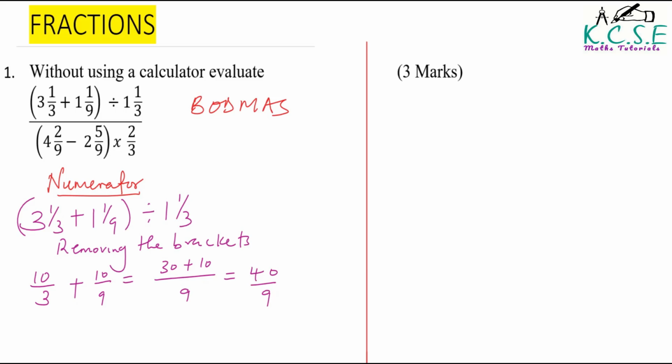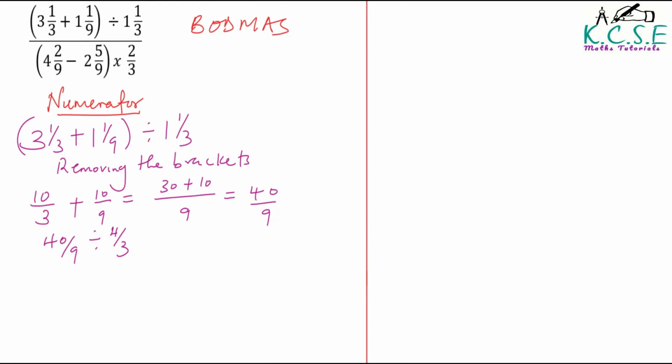After getting 40 over 9, now the bracket is solved, so we have 40 over 9 divided by 1 and a third, converted to improper fraction will give 4 over 3. So this is 40 over 9 multiplied by 3 over 4.